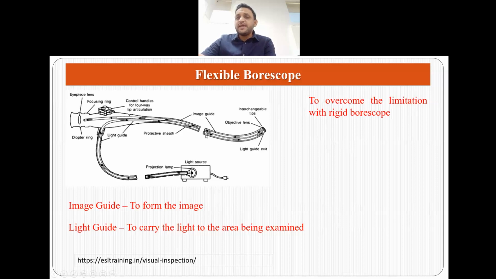So there is a light guide and there is an image guide, which help you see the component parts which were not initially visible with the naked eye. Now we can see those areas, and flexible borescopes overcome the limitations of rigid borescopes.